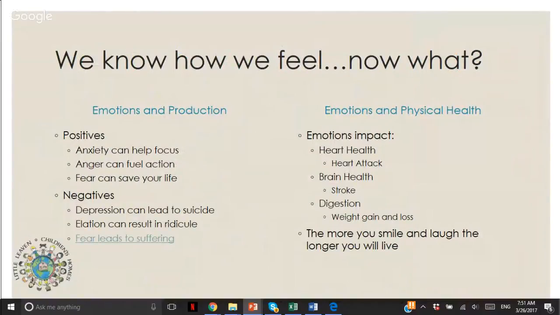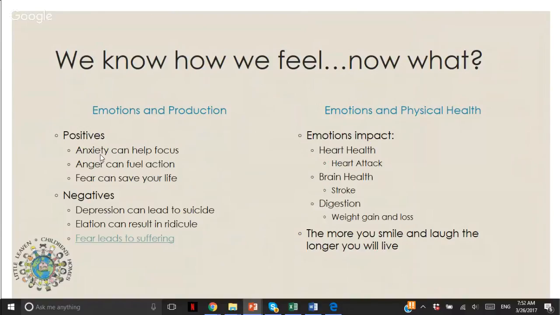So now that we know how we feel, now what? What do we do with that knowledge of knowing how we feel? So emotions affect production.